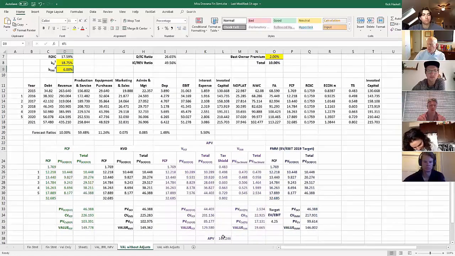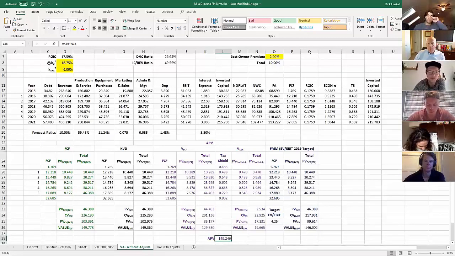And when I play my what-if game, knowing that these values should end up being relatively closely aligned, it tells me that my cost of unlevered equity probably is less than my cost of levered equity. Does that make sense? Would the return we would get from an asset that uses no leverage, would we expect that to be higher or less than the return we would get from an asset that uses leverage?